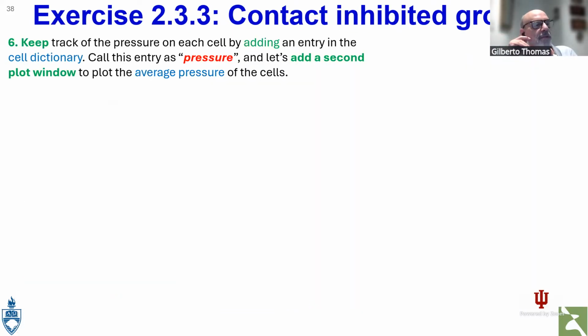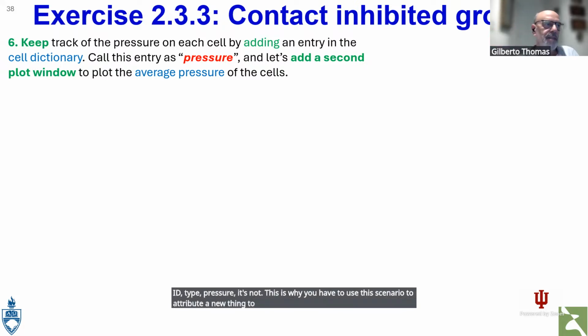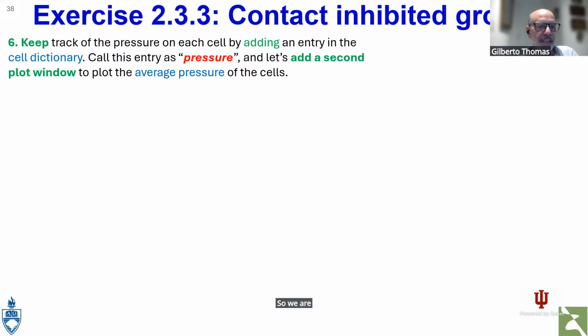Now we are going to keep track of each cell's pressure by adding a dictionary entry, because pressure is not a default attribute for a cell from the beginning, like volume, surface, ID, type. Pressure is not. This is why you have to use the dictionary to attribute a new thing to the cell.